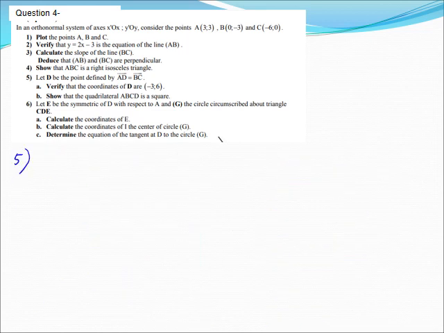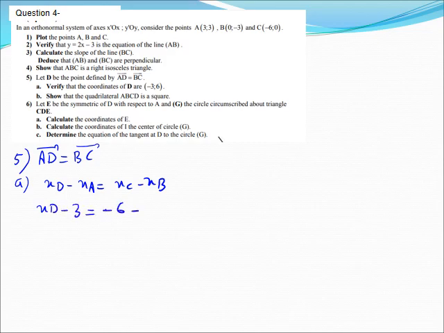Number 5. Let D be a point defined by vector AD equal vector BC. Verify that the coordinate of D is (-3, 6). xD minus xA equal xC minus xB. So xD minus 3 equal minus 6 minus 0. xD equal minus 6 plus 3. xD equal minus 3.